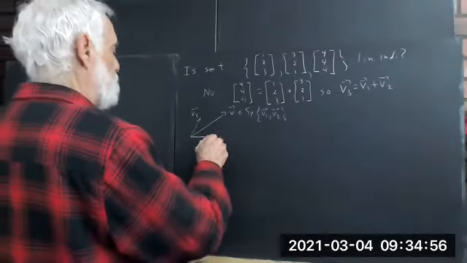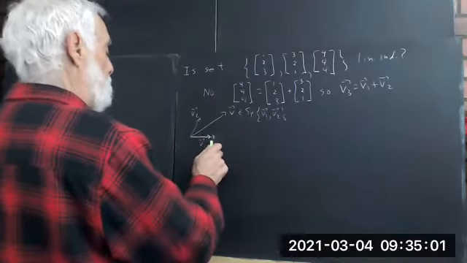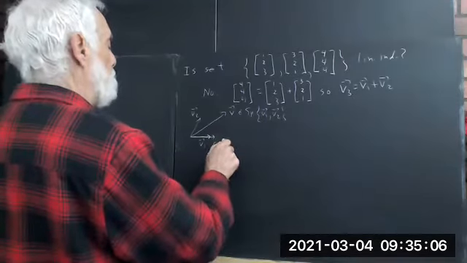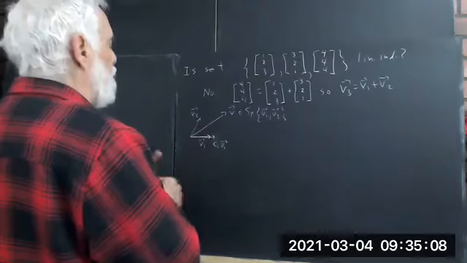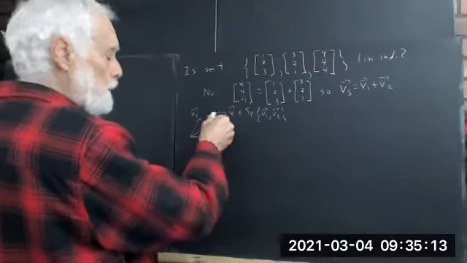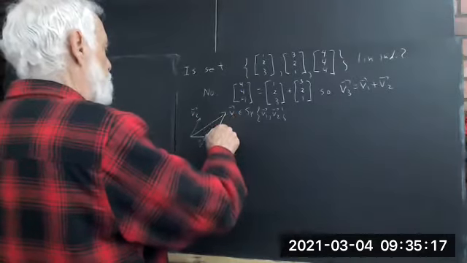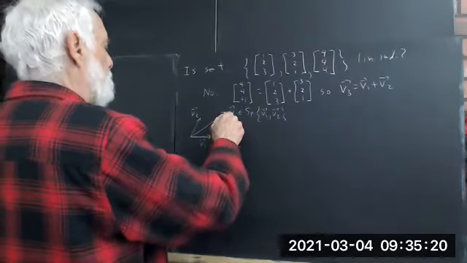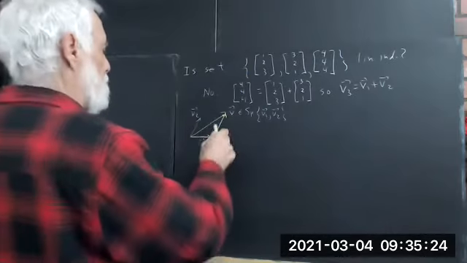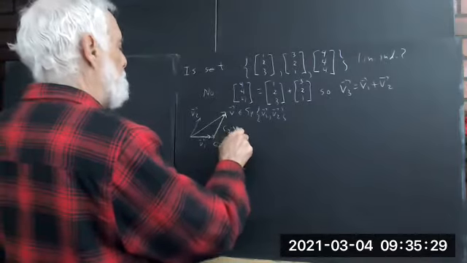So here's V1. Here's some constant times V1. So we're going to call this vector here C1 V1. Now, if we go in the direction of V2, we're going to get to the tip of V. So here's a vector parallel to V2, so that it's a multiple of V2.